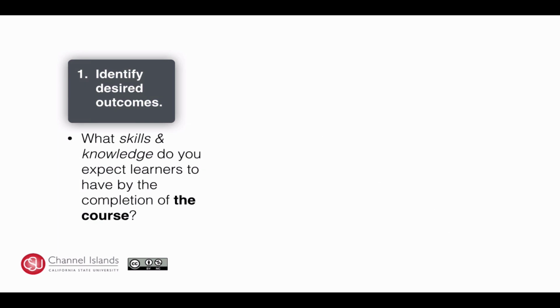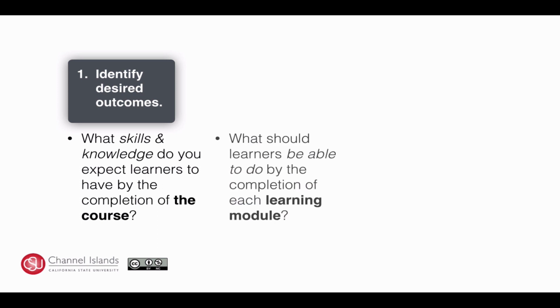A moment ago, we examined step 1 and identified the importance of starting with a clear understanding of the skills and knowledge you expect your students to have at the completion of the course. This is the step where content in the course would be organized into manageable chunks, referred to as learning modules or learning units.